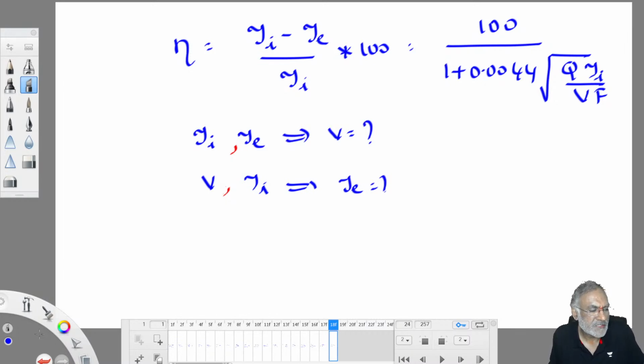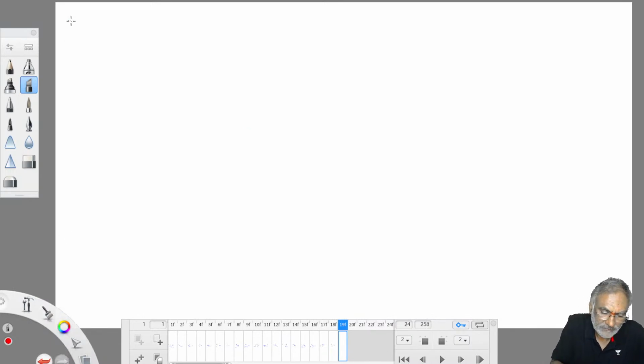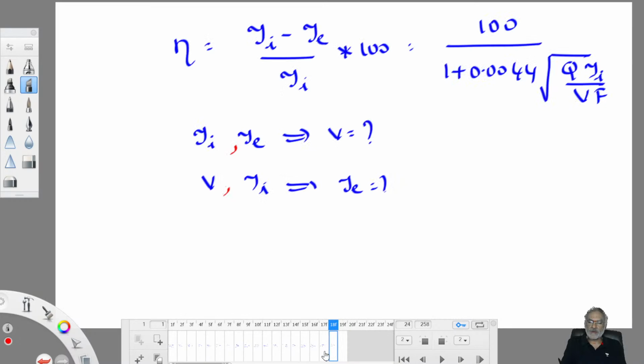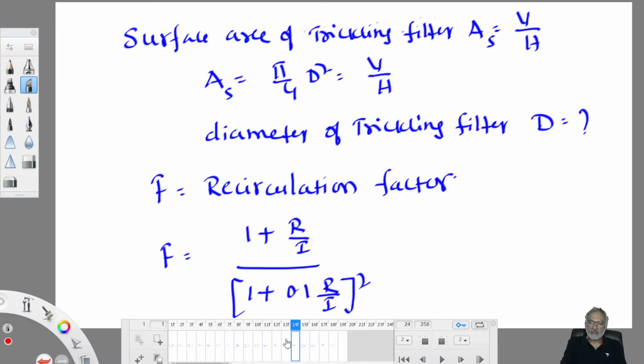Let us try a few questions, GATE kind of questions. Are you ready to solve problems? Once again, check out that formula.